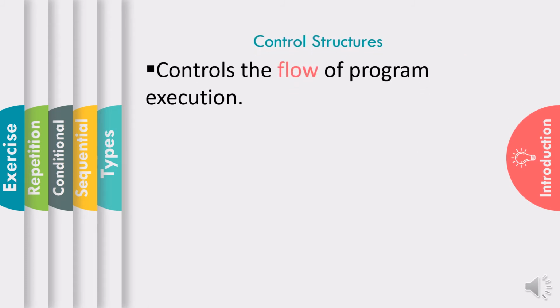First of all, let's revise the concept of control structures. Control structures basically control the flow of a program execution. Normally, we execute our program and those programs are executed line by line. A program is usually not limited to a linear sequence of instructions, like in sequential manner.